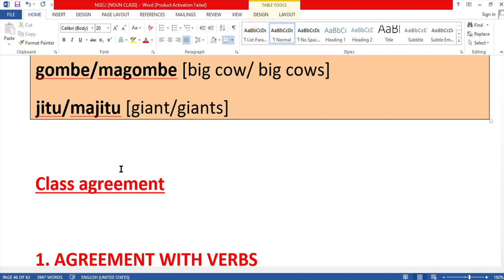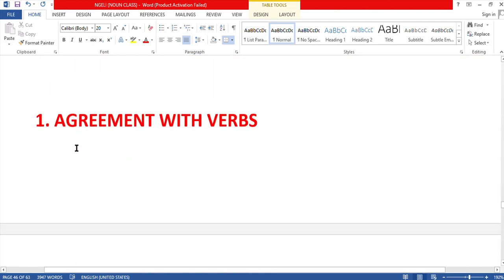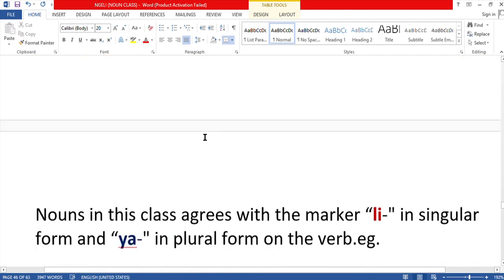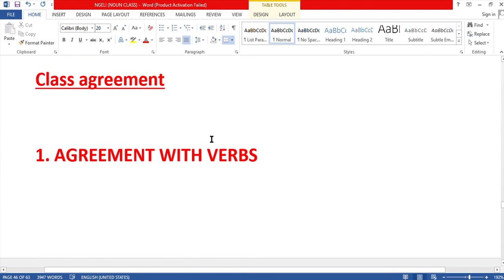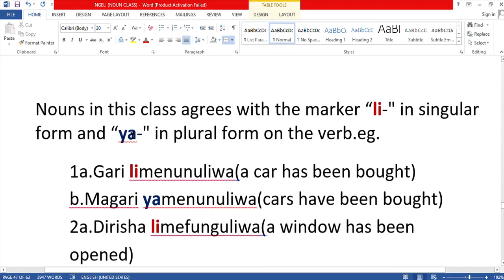First part, agreement with verbs. Nouns in this class agree with the marker li in singular form and ya in plural form on the verb, as we will see in the examples below.